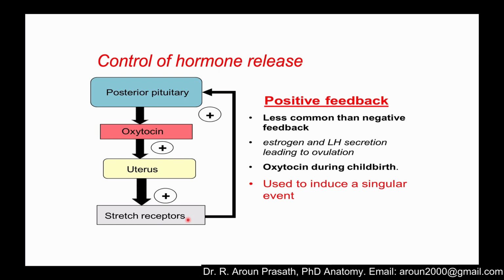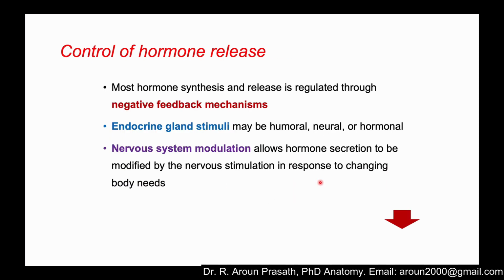Once the baby is born, the stretch is no longer present on the uterine muscles, then there is inhibition of oxytocin release by the posterior pituitary. So the stretch receptors directly make the posterior pituitary stop the release of oxytocin. So that is what we call the positive feedback mechanism.